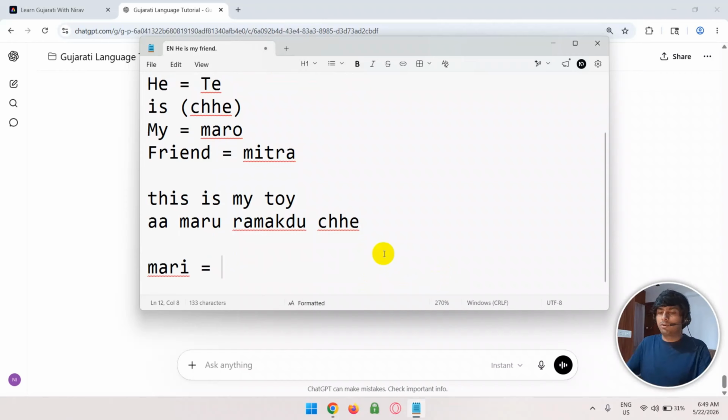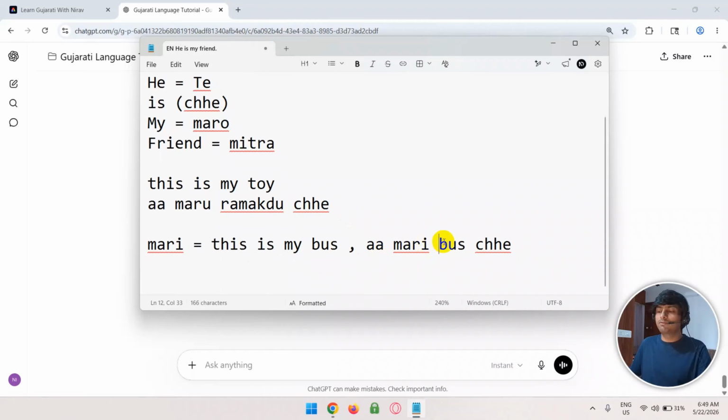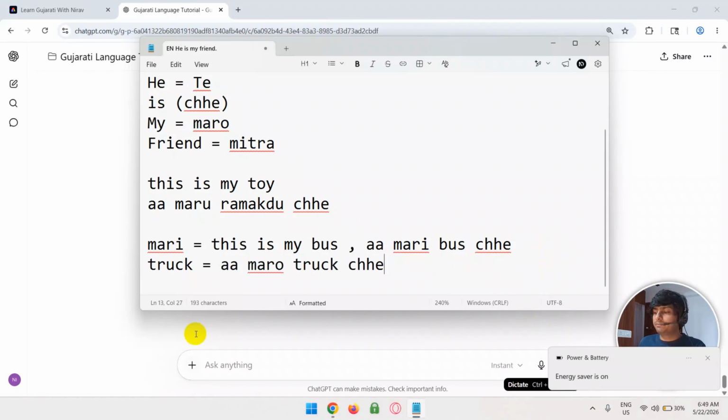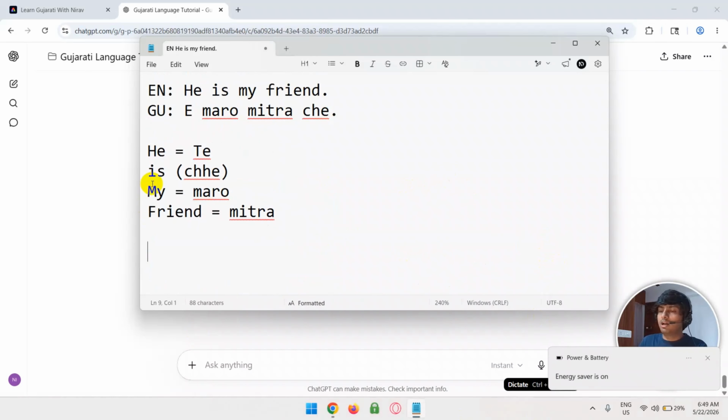For example, if I want to say this is my bus, I will say mari bus hai. Because for bus we should use mari. Now if it is a truck, we simply say maro truck hai. We will understand when to use che, maru, mari, maro later.